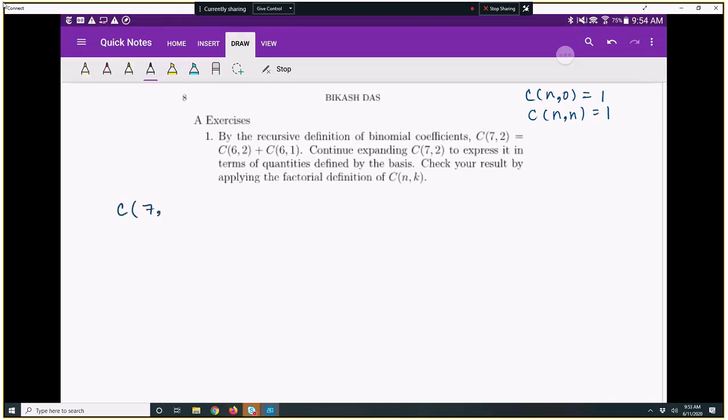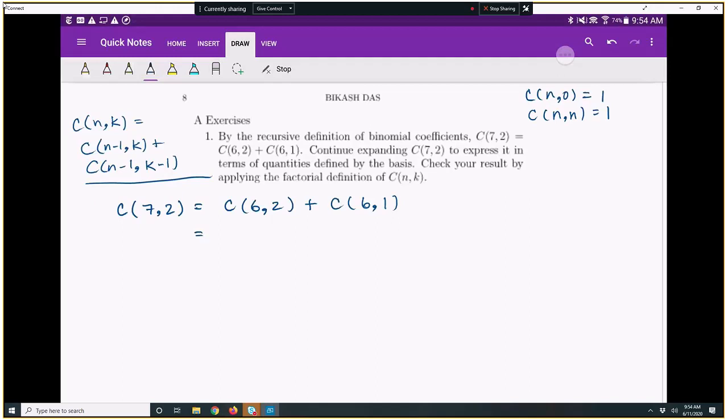So 7 choose 2 is equal to 6 choose 2 plus 6 choose 1 by our recursive definition. Our recursive definition, I'll remind you, was n choose k is equal to n minus 1 choose k plus n minus 1 choose k minus 1.